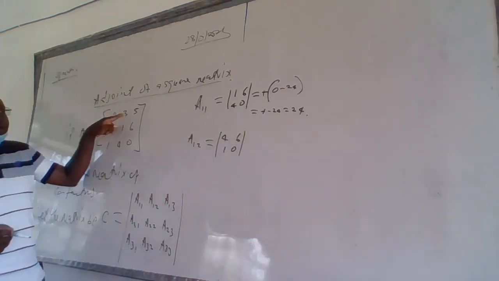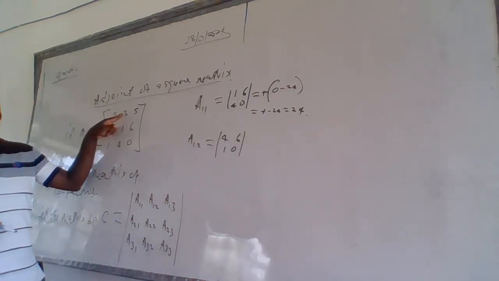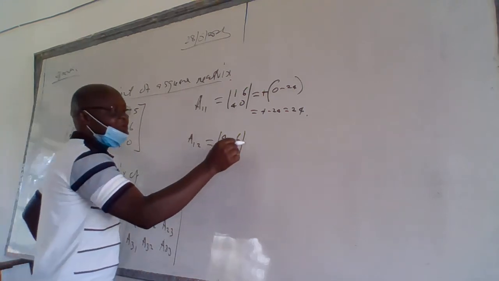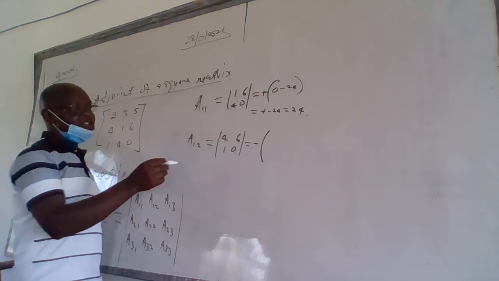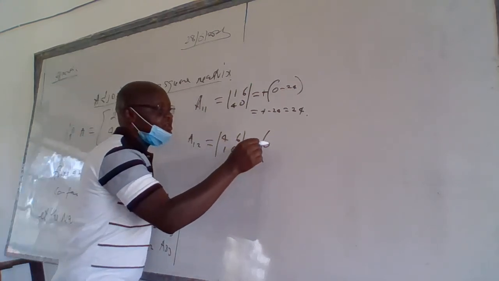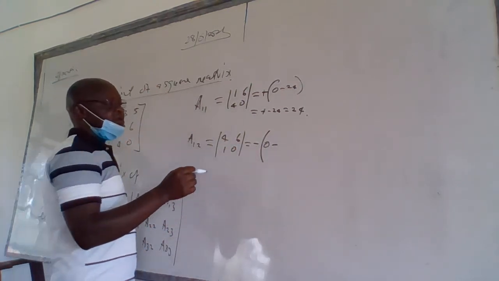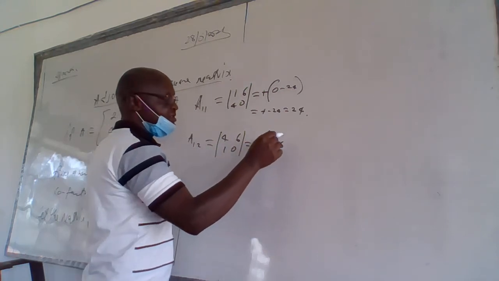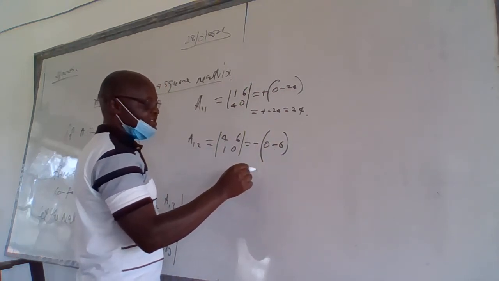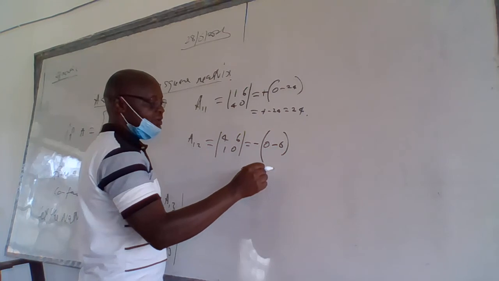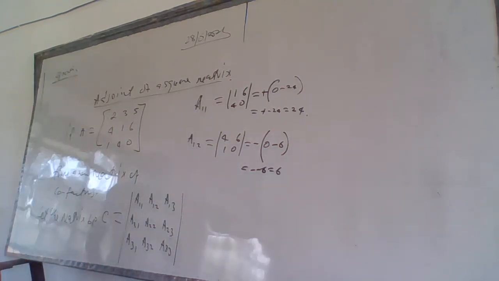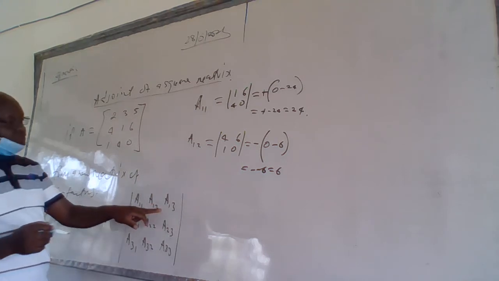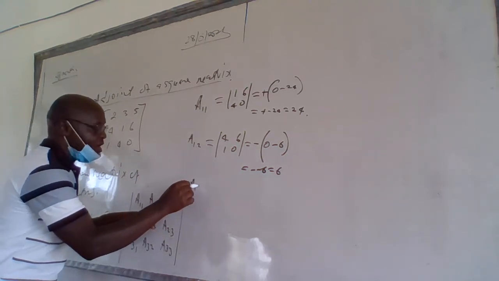The place sign for 3 is minus, so we open the bracket. 0 times 4 we have 0, minus 1 times 6, which is 6. So this equals minus 6. We move on to A13.